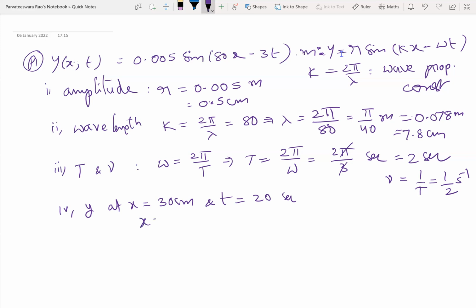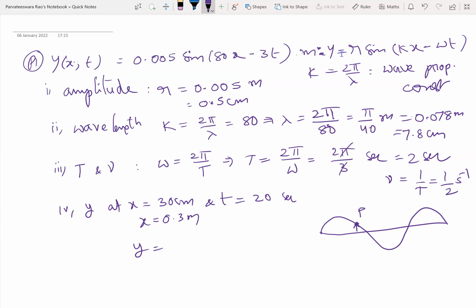So x is equal to 30 means 0.3 meters. So y is equal to, okay, let us put it in centimeters. Sir, what is x, sir, here? Suppose this is the wave. I want here this particle.